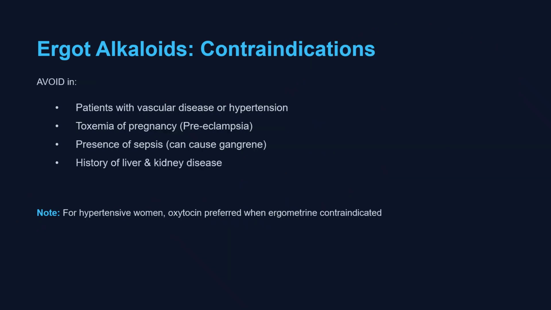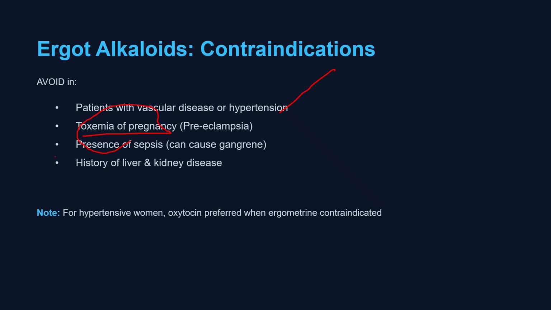Ergot alkaloid contraindications: which patients should avoid it? Patients with vascular disease or hypertension should avoid it. Toxemia of pregnancy should also be avoided. The main indication for oxytocin is toxemia of pregnancy, but with ergot alkaloids it should be avoided.